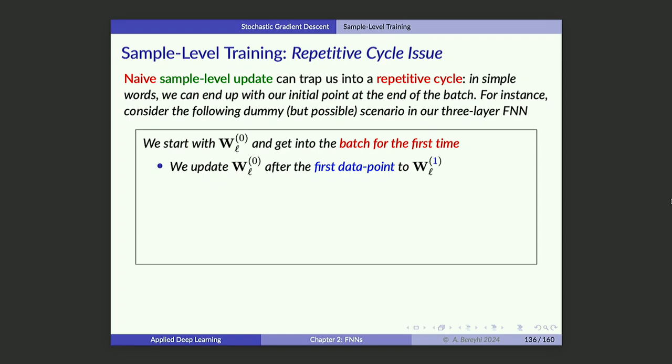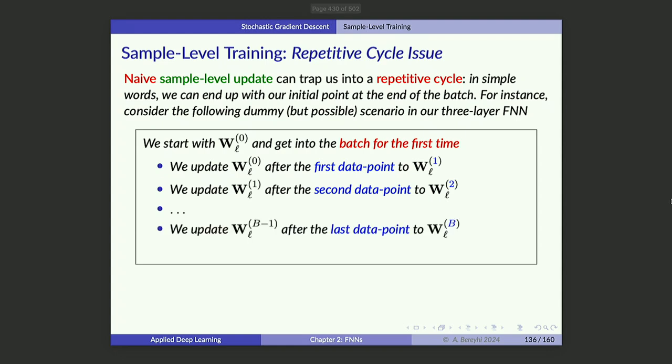With this weight I go over my second data point, compute again the sample gradient, and update, so I get the next weight matrix. Clear? And then I keep going till I'm done with all of my data set.